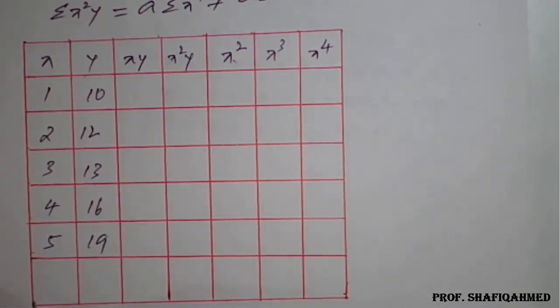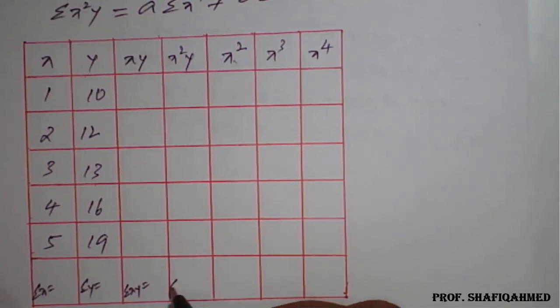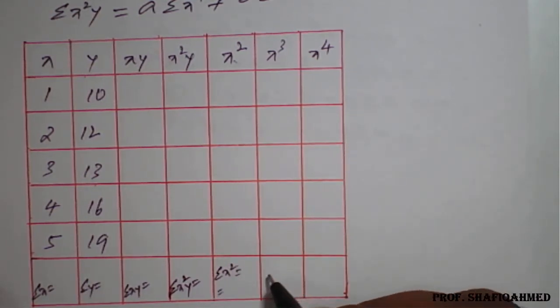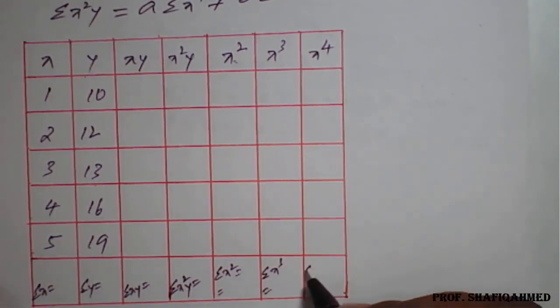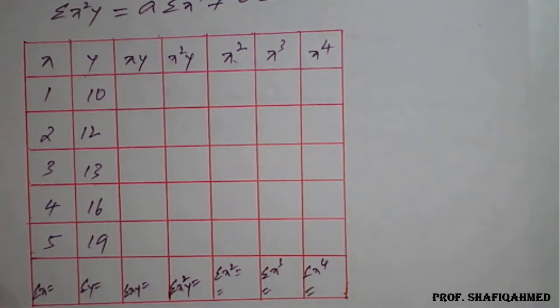So here we have summation of x, summation of y, then summation of xy, summation of x square y, then summation of x square, summation of x cube, and summation of x raised to 4.